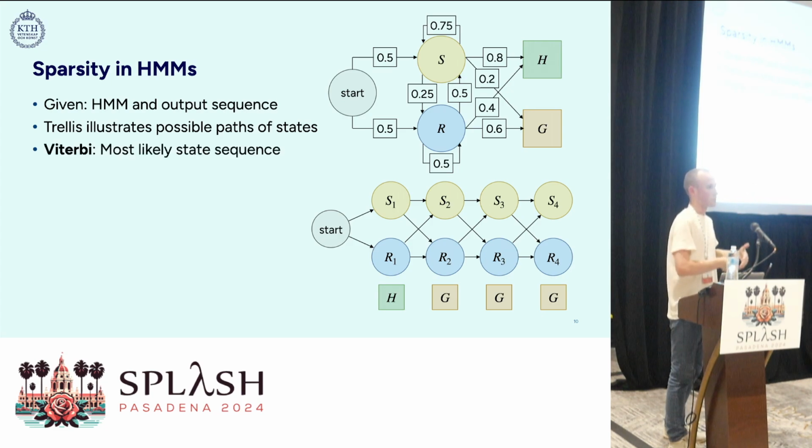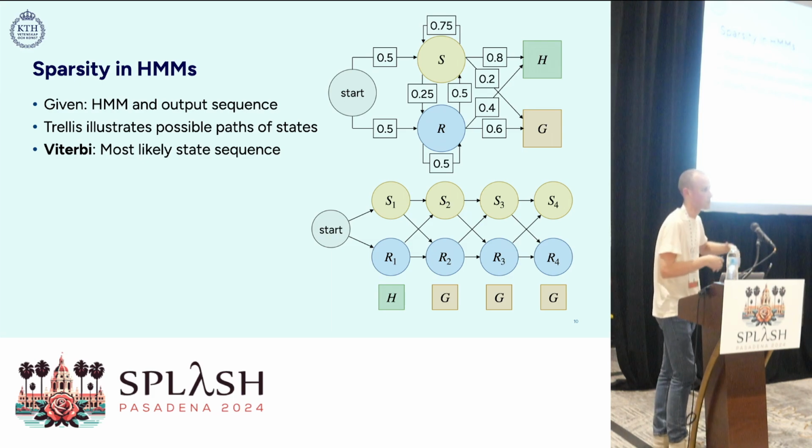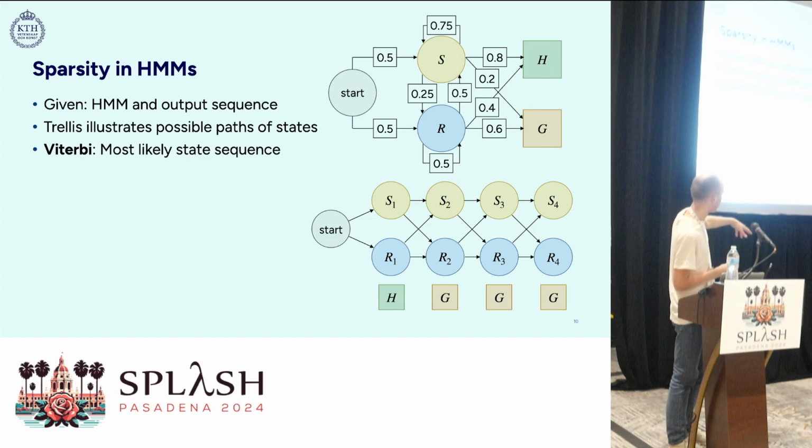Now, one of the algorithms that we implement in the trellis, and which is an interesting application of HMMs, is the Viterbi algorithm, or decoding algorithm, where we look for the most likely sequence of states. In terms of the trellis, we're looking for the path from the start node to S4 or R4 for which the probability is the highest.